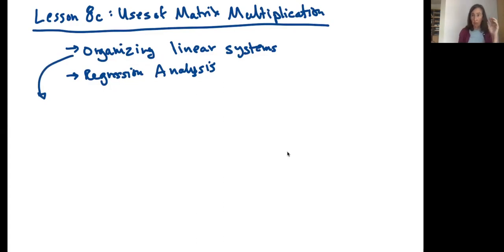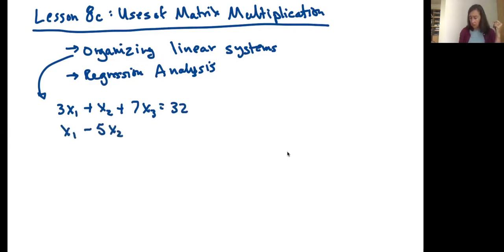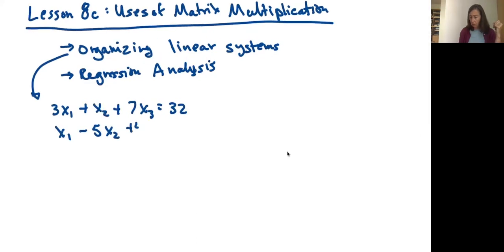So I'm going to write down three equations, and I'm going to have three variables here. 3x1 plus x2 plus 7x3 equals 32. That's the first equation. Second one is x1 minus 5x2 plus 4x3 equals 4.